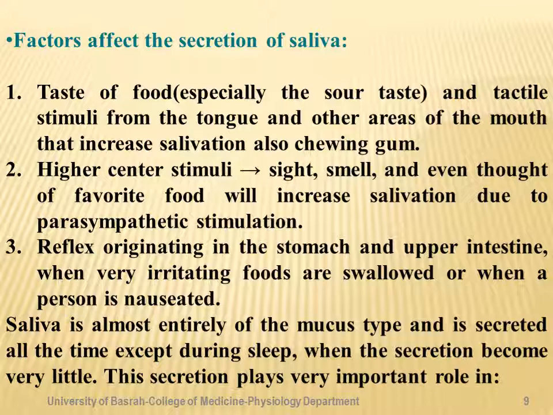Now, saliva is almost entirely of mucus type and is secreted all the time except during sleep, when the amount of secretion decreases. The parotid gland secretes serous fluid, but the rest secrete both. When we take a sample of saliva, most of the secretion is mucus, because the serous is watery, so it is easily evaporated and removed.